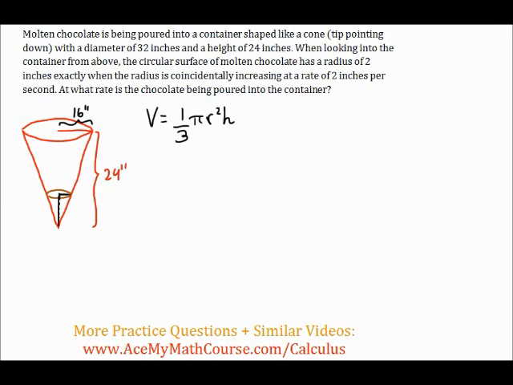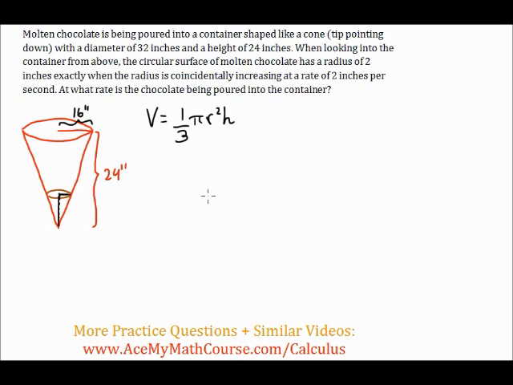Okay, so here we have a delicious related rates problem involving molten chocolate, which reminds me I put on some weight recently. But yes, it's a bit of an intermediate problem, I would say, and I'm going to be assuming that you're comfortable with implicit differentiation especially, and I'm also going to assume that you've read the problem.